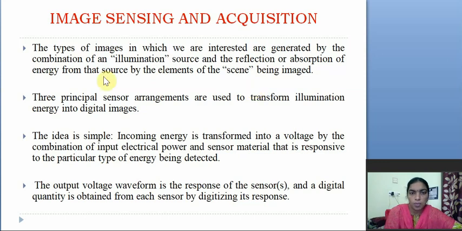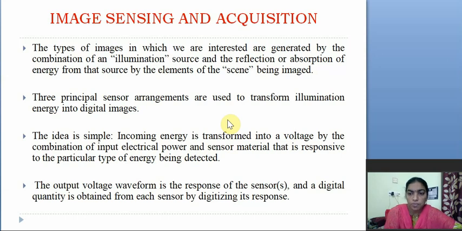So the type of images in which we are interested are generated by the combination of an illumination source and the reflection or absorption of the energy from that source by the elements of the scene being imaged. Three principal sensor arrangements are used to transform illumination energy into digital images.